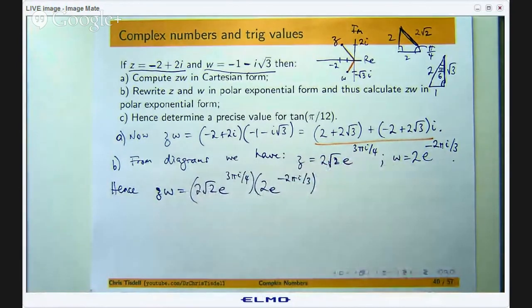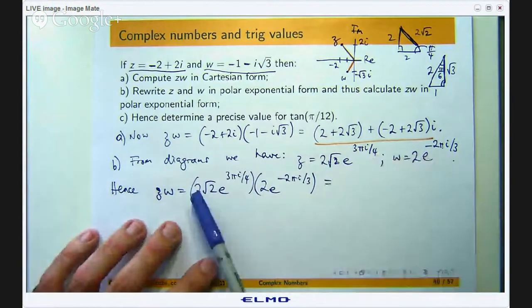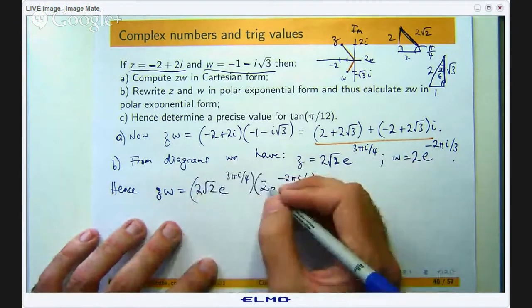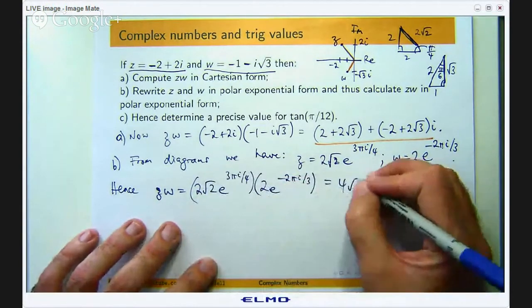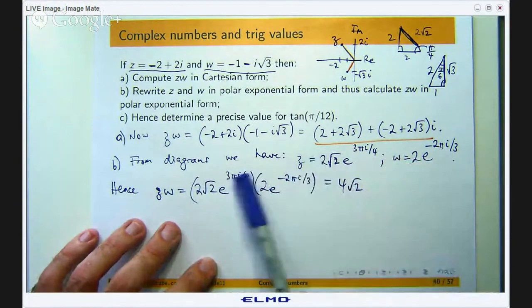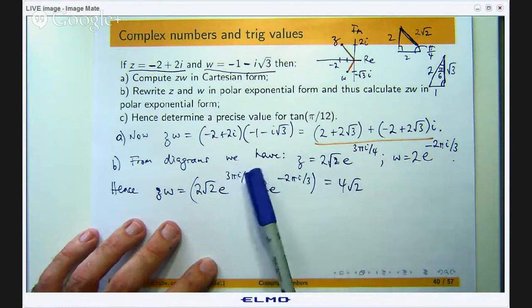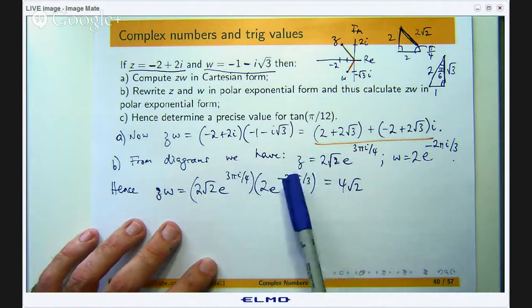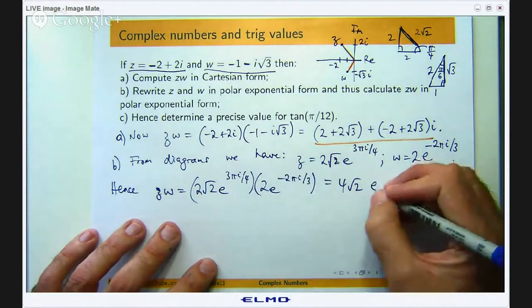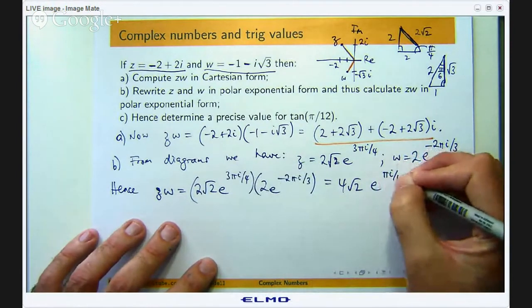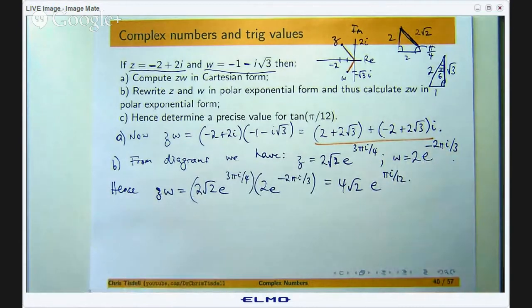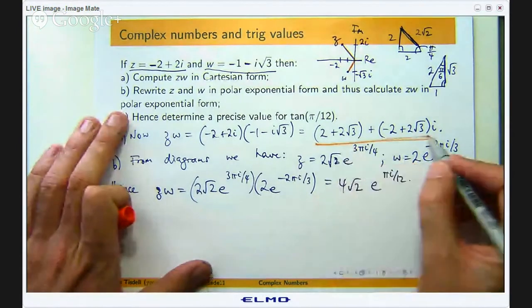So it's going to be 2 root 2 times 2, so it's going to be 4 root 2, and you just add the exponents. So if I add 3 pi i on 4 minus 2 pi i on 3, I'll get the following, e to the pi i on 12. So that's part A.